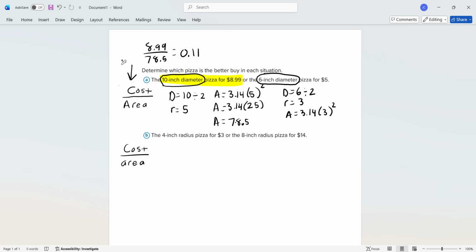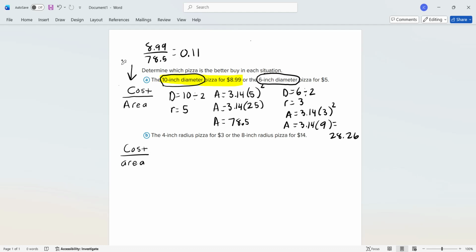We know 3 squared is 3 times 3, which gives me 9. So I put my 9 there and bring down my 3.14. When I do 3.14 times 9, I end up with 28.26.